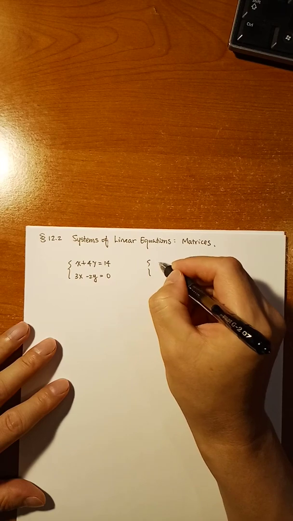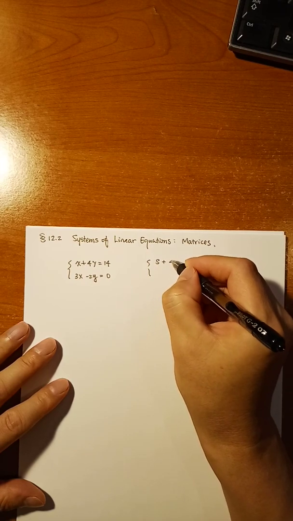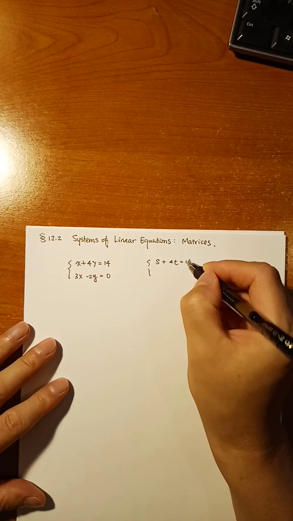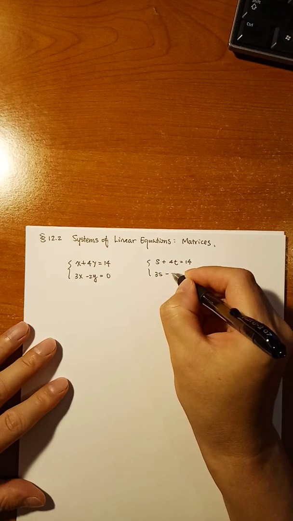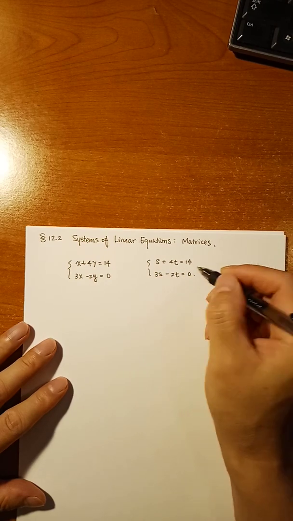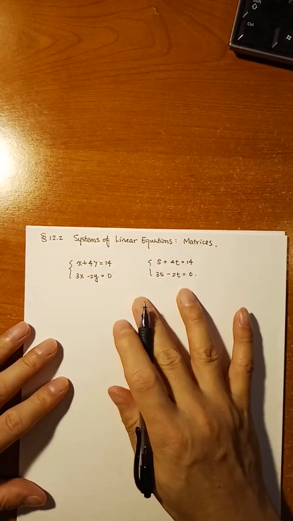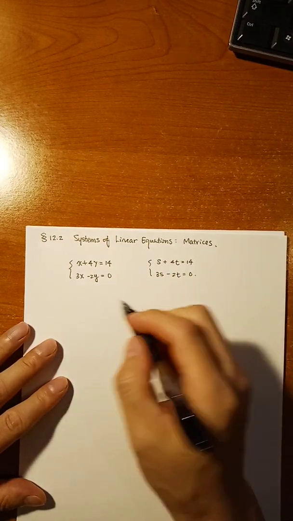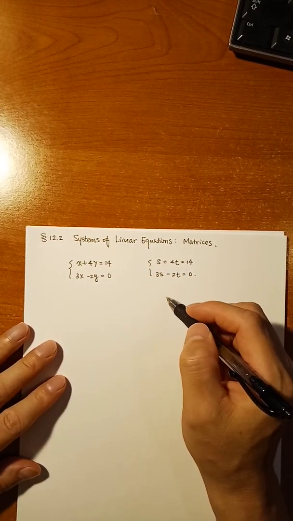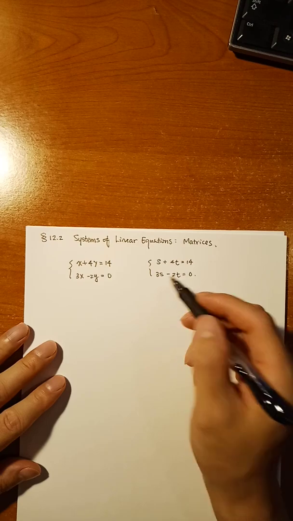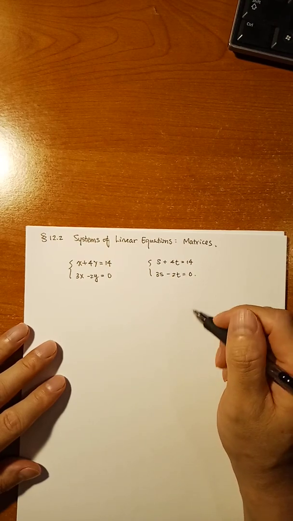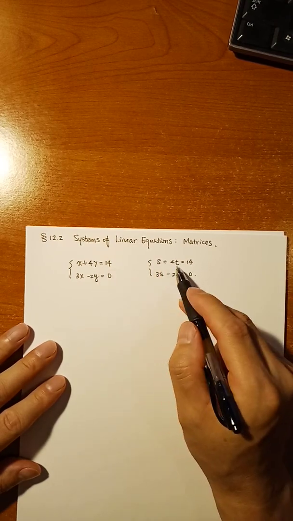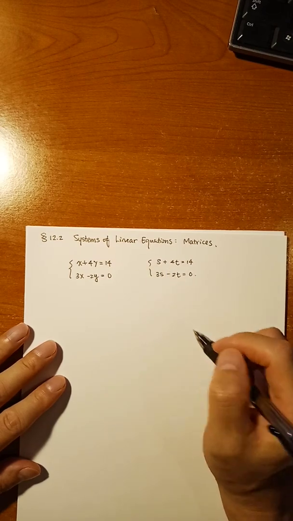For example, we can use s plus 4t is equal to 14 and 3s minus 2t is equal to 0. So you will solve these two different, well, they look different, linear equations, but you will get exactly the same solution because you only change the name. You still have the same system.